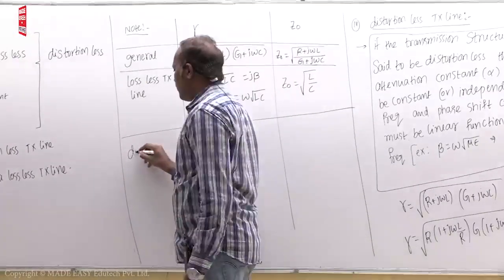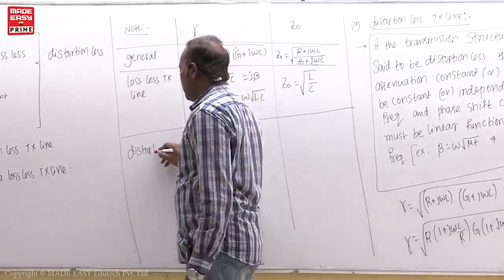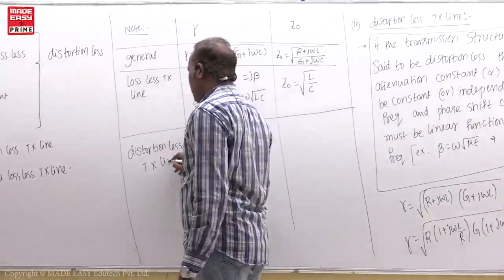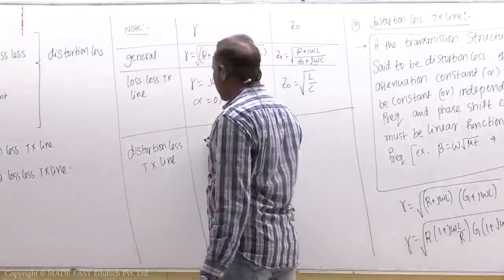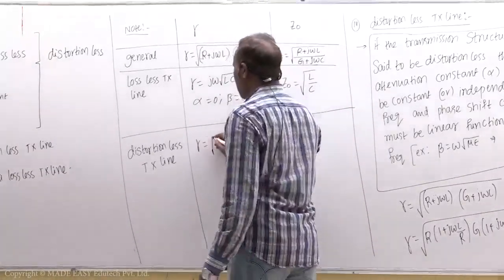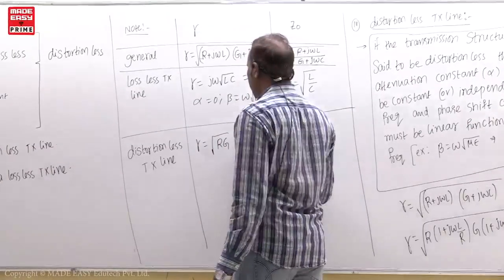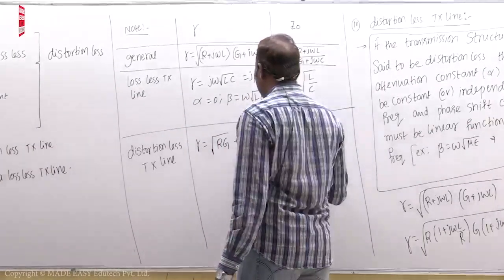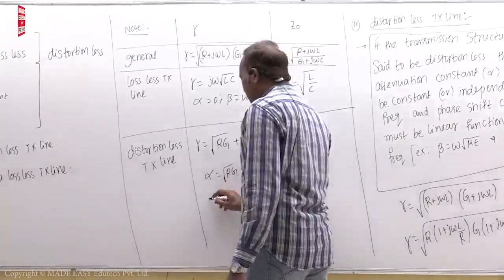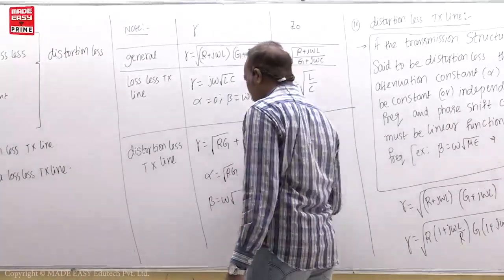Then the distortionless transmission line. For this, gamma is equal to root RG plus j omega root LC. Here alpha is root RG and beta is equal to omega root LC.